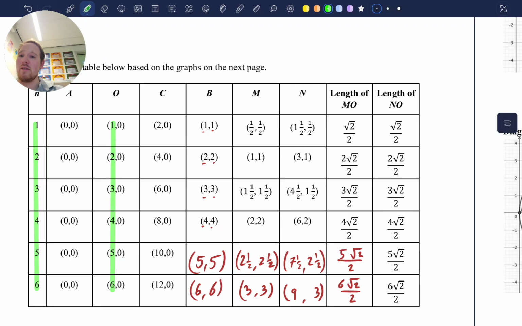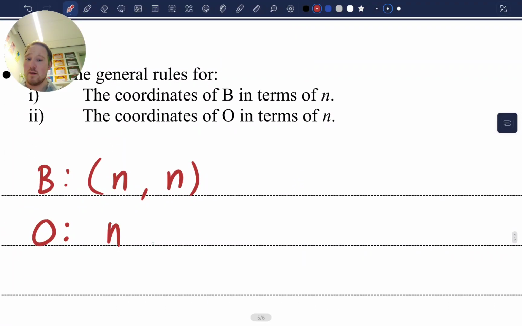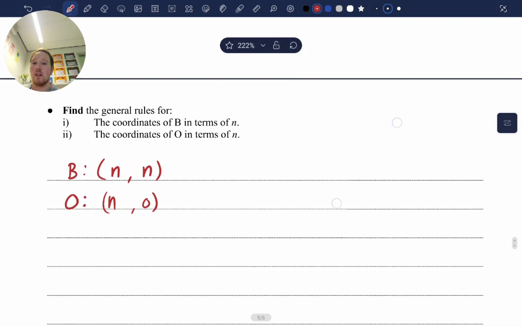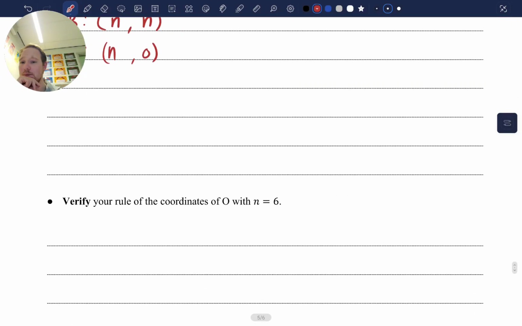Those are exactly my n values. And 0, 0, 0, 0, 0, 0. What's the next one going to be? 0. So the general rule we find there, n, 0. This is what they often ask you when they ask for a general rule in mathematics. They want you to express it in terms of a variable, in this case n. So these are all the answers you need to give in this question.